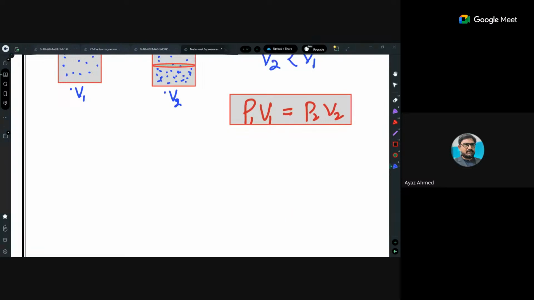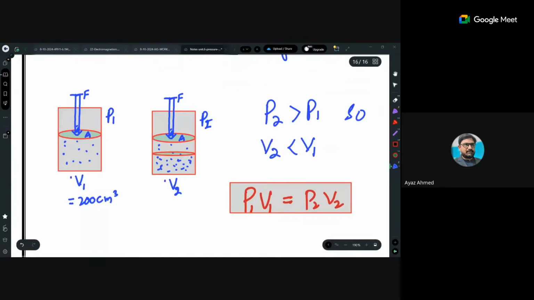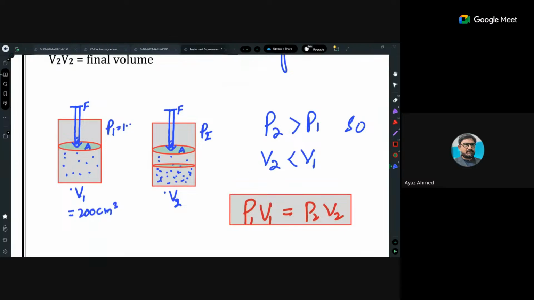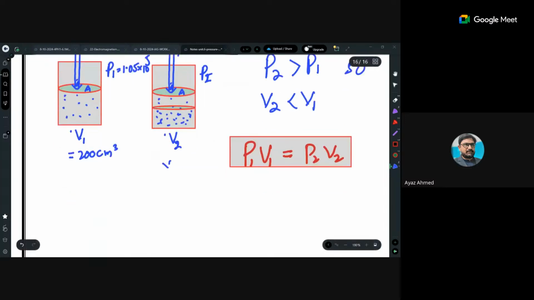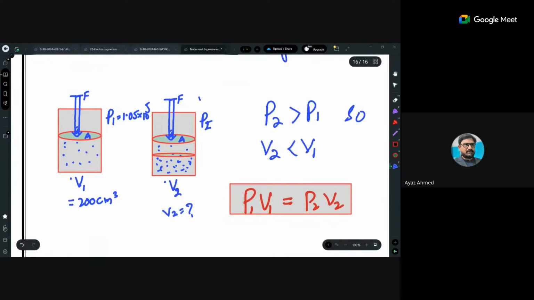For example, if I say that the volume of the gas is 200 cubic centimeter, when the pressure was, let's say, 1.05 into 10 raised power 5 Pascal. And now, what will be the volume of the gas if you have new pressure P2 equal to 1.08 into 10 raised power 5 Pascal, right?